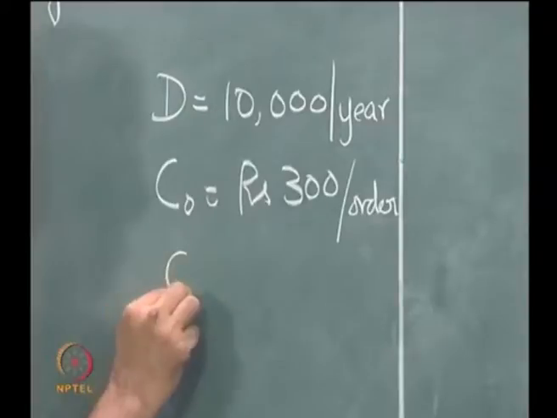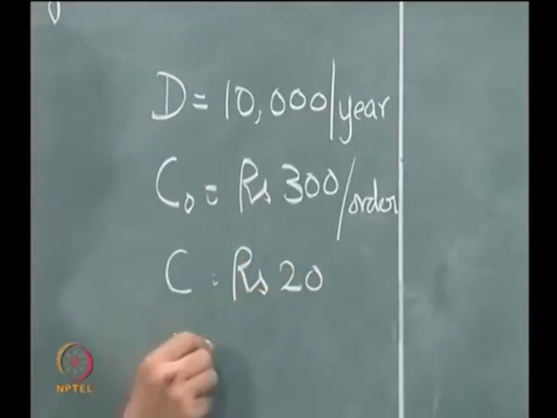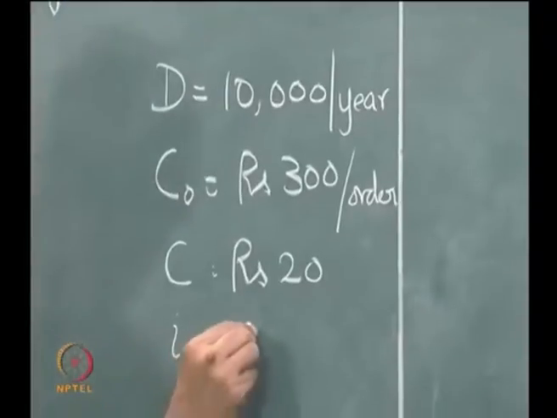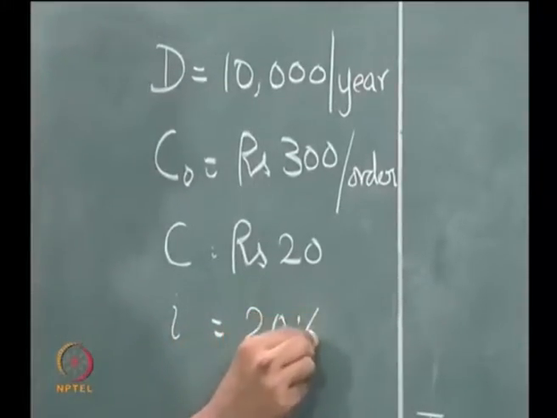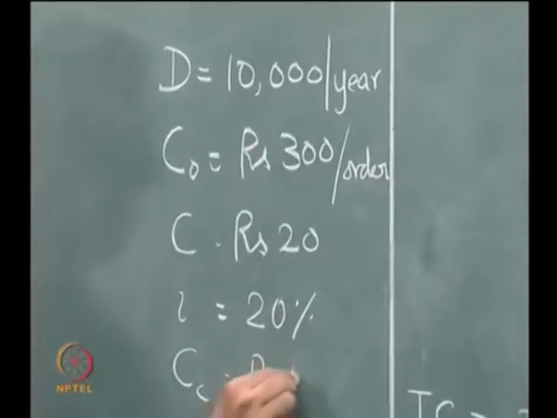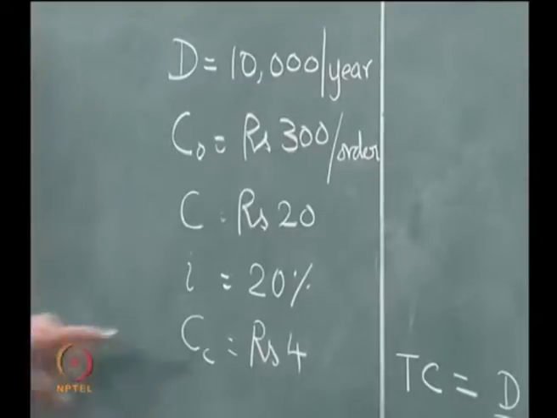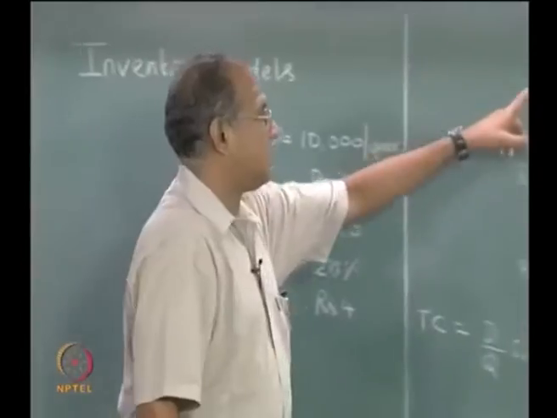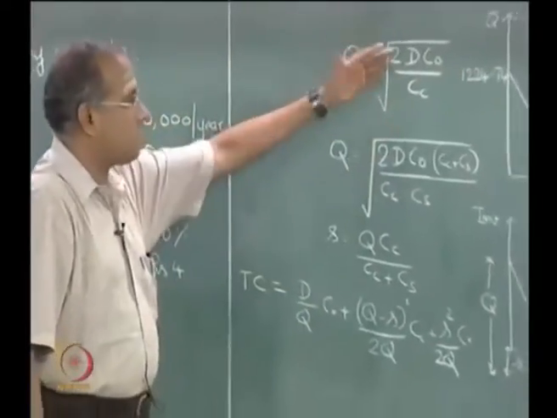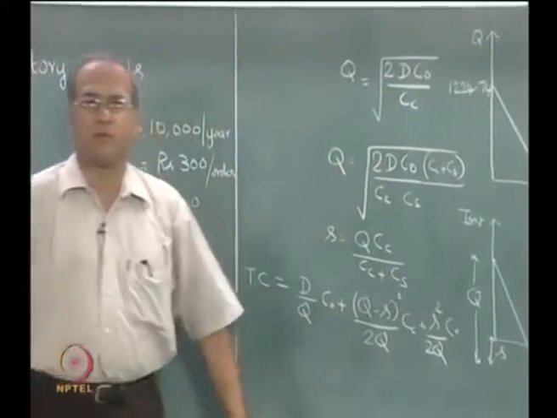The unit cost of the item was assumed to be rupees 20, and the inventory holding cost I is 20% of 20, and therefore C C becomes rupees 4. Now using these, we had calculated the economic order quantity for the first model, and we had got a value of 1224.74.